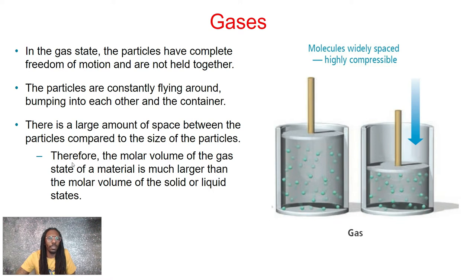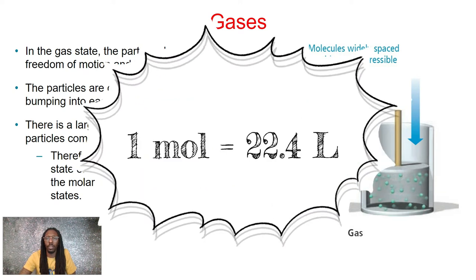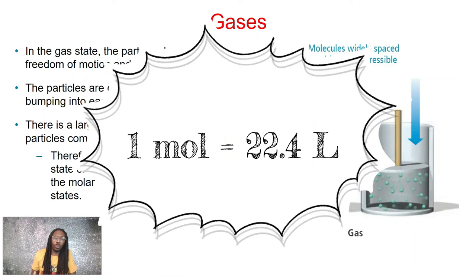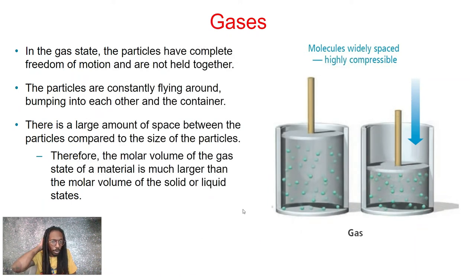Therefore, the molar volume of the gas state of a material is much larger than the molar volume of the solid or liquid state. If you don't remember molar volume, that's the unit conversion where 1 mole equals 22.4 liters. So right there, that tells you gases have a huge volume when you compare them to a solid or liquid.